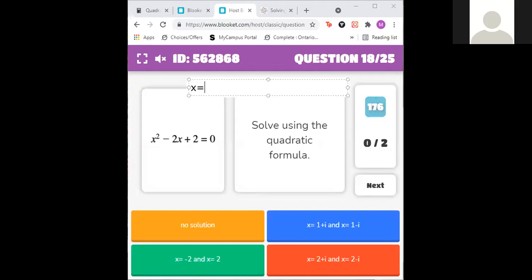So then to solve this with the quadratic formula, it's x equals -b plus or minus the square root of b squared minus 4ac, divided by 2a. So put that in. Negative and negative is positive.